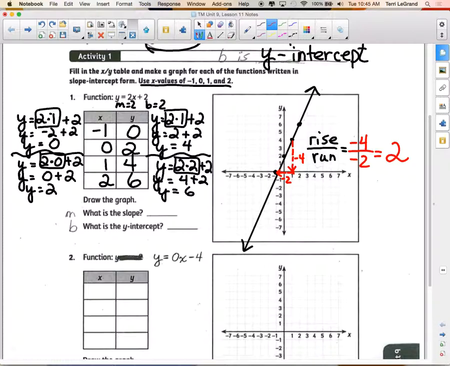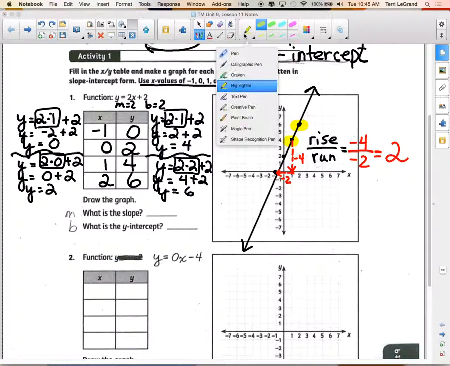2 over 2. Well, what 2 points did you use to get 2 over 2? 1, 4, and 2, 6. So that would be these 2 right here. So this one and this one, right? Those are the ones you used? So you have to go up 2, she says.